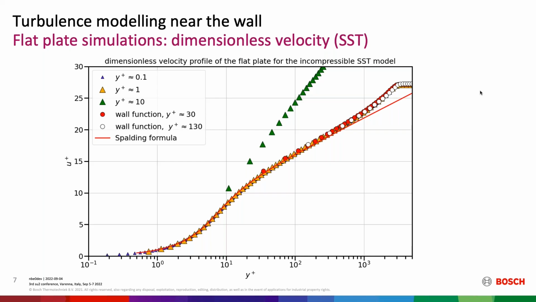Each point represents an actual point in the mesh, taken at a vertical line a certain distance downstream of the start of the plate in the region where we are actually in the turbulent boundary layer regime. We see that the mesh with y plus is 0.1 and y plus is 1, so the finest meshes, follow the Spalding formula very well.